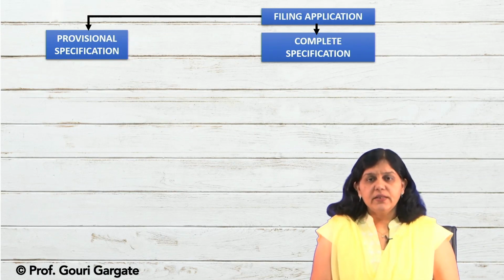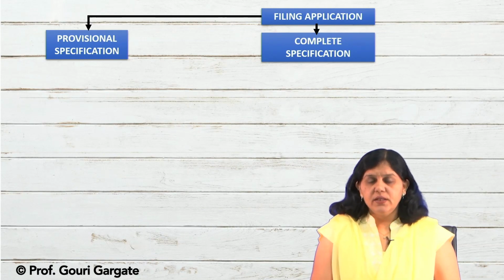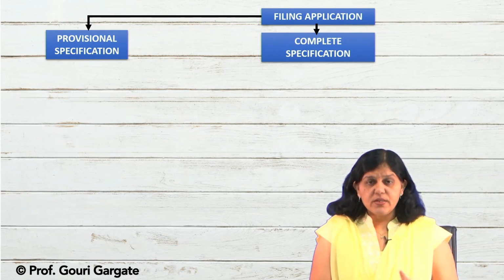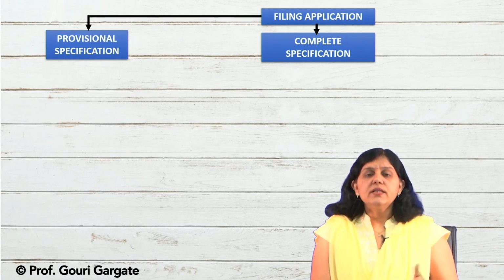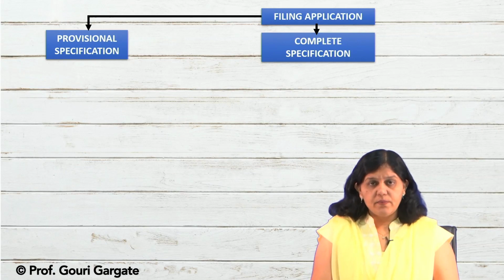Through this, anyone can file the patent online, provided the applicant has a digital signature. It is mandatory that you have a digital signature; only then is it possible to file the patent application online. So, it can be a physical filing or an online filing.